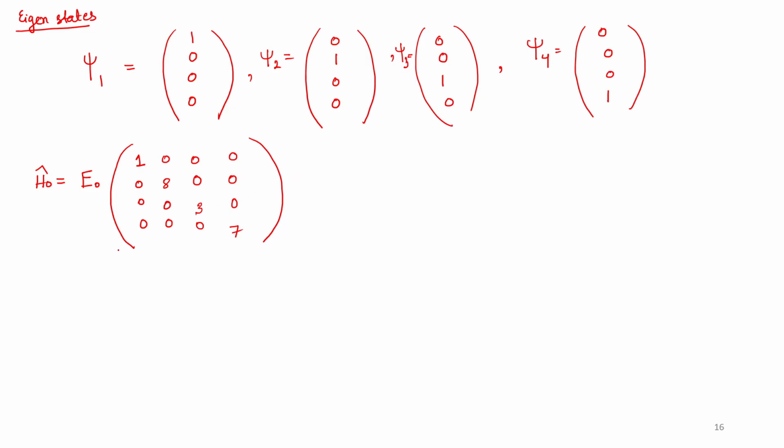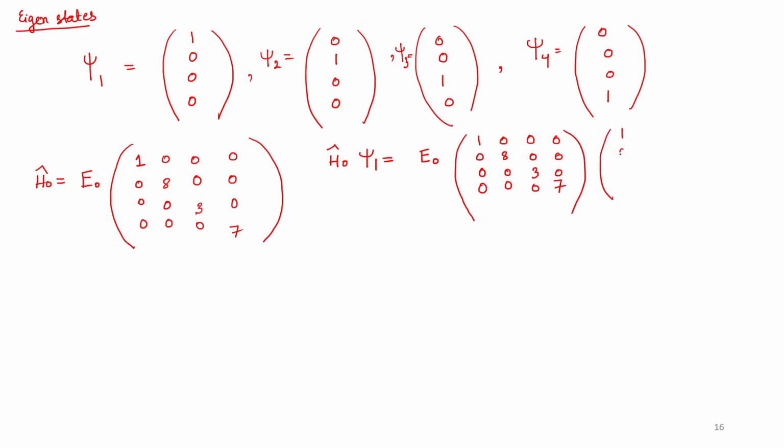So now if your H naught works on psi 1, you are going to get E naught times the matrix 1, 0, 0, 0; 0, 8, 0, 0; 0, 0, 3, 0; 0, 0, 0, 7, working on the column 1, 0, 0, 0.